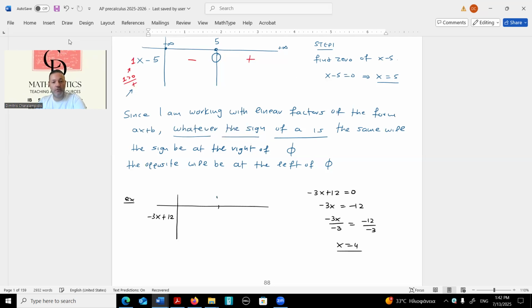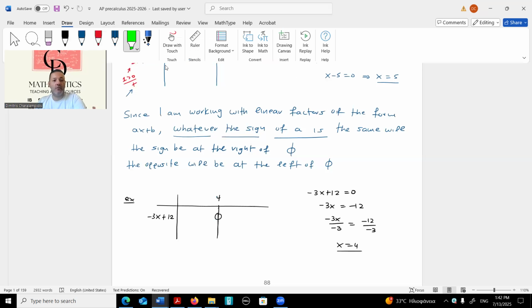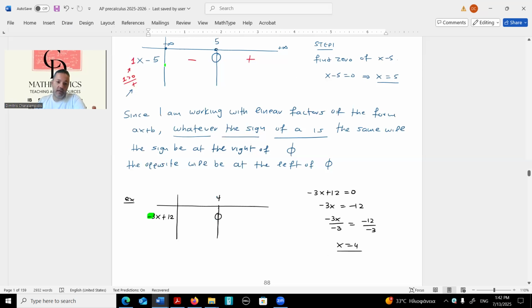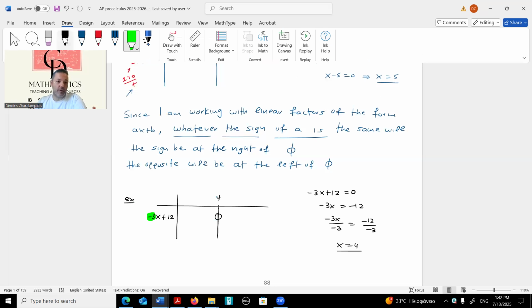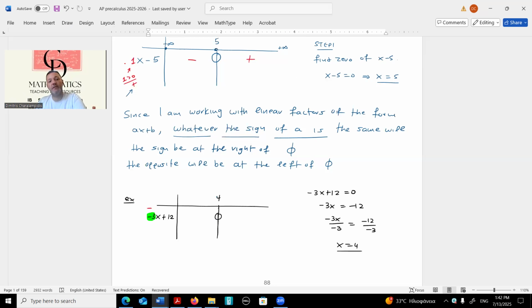So 4 should be put up here. Then we draw a vertical line like this, and we look at the coefficient of x, and more particularly at its sign. It's negative, which means that whatever that sign is, the same will be the sign at the right of that vertical line. So negative here, and the opposite at the left, plus a negative.